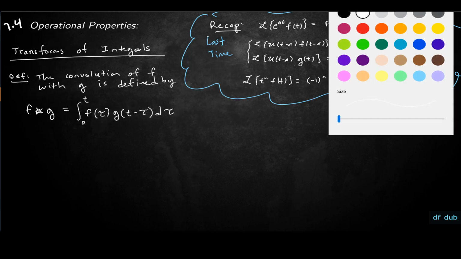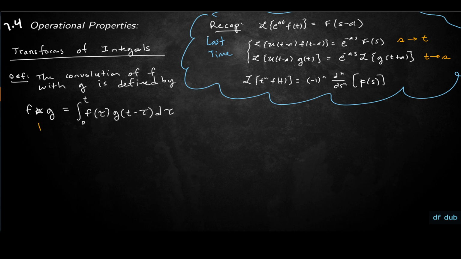And I want to make a note of a couple of things here. This star means convolution, not multiplication. So if you write a star, I assume you're talking about convolution. So that's pretty important. Don't mix up that notation with multiplication.